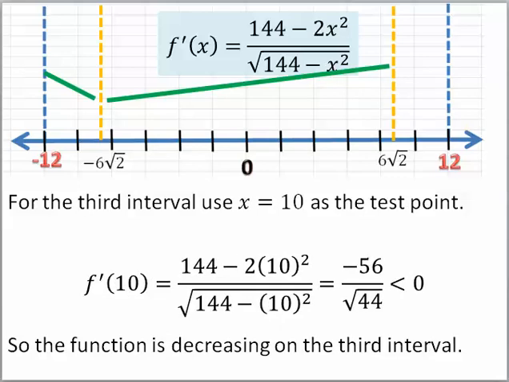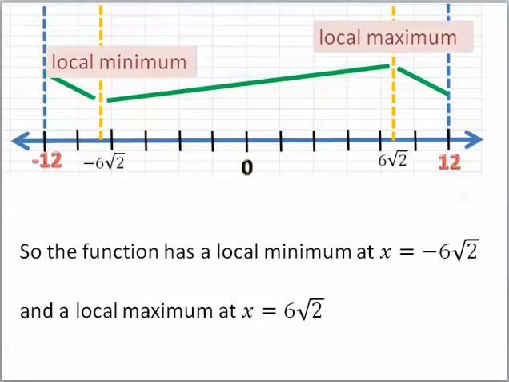For the third interval, use x equals 10 as the test point. F prime of 10 is negative, so the function is decreasing on the third interval. Putting all this together, the function has a local min at x equals negative 6 radical 2 and a local max at positive 6 radical 2.